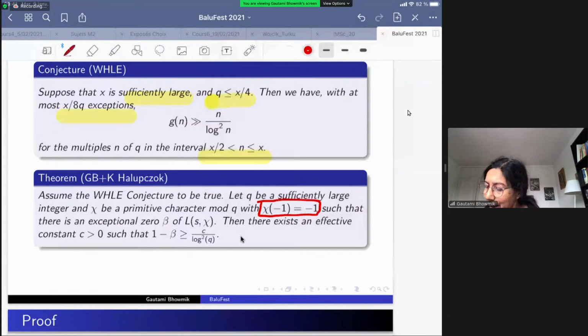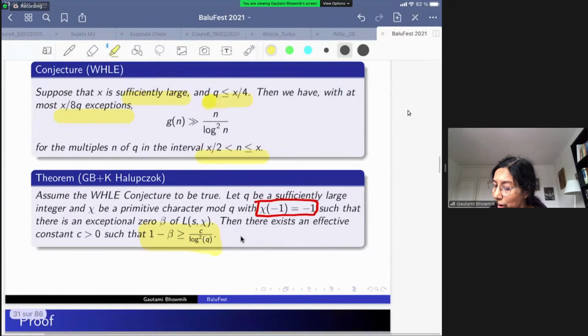And assume now that there is an exceptional 0 beta. Then we can show that 1 minus beta is greater than C by log square Q, for some positive constant C. So it is a conditional improvement on Siegel's theorem.